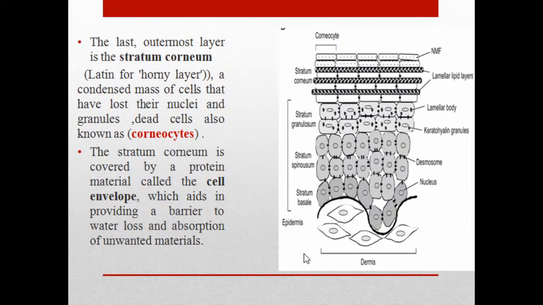The last, outermost layer is the stratum corneum, or horny layer, a condensed mass of cells that have lost their nuclei and granules, dead cells, also known as corneocytes. The stratum corneum is covered by protein materials called the cell envelope, which aids in providing a barrier to water loss and absorption of unwanted materials.